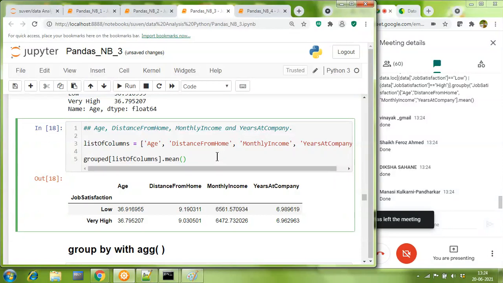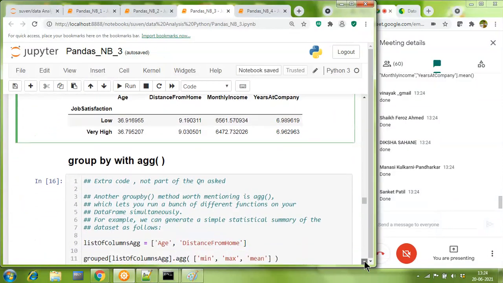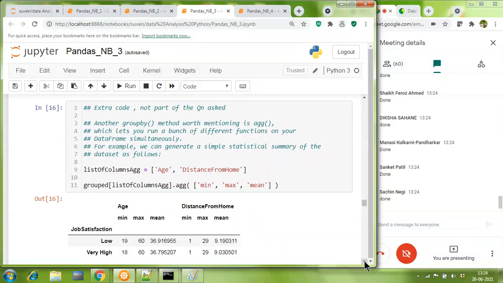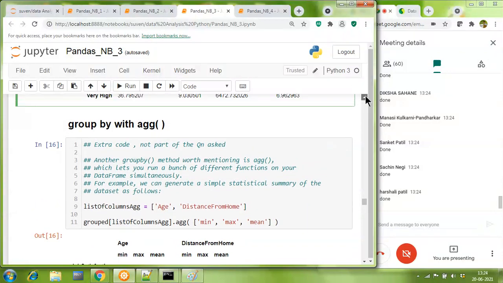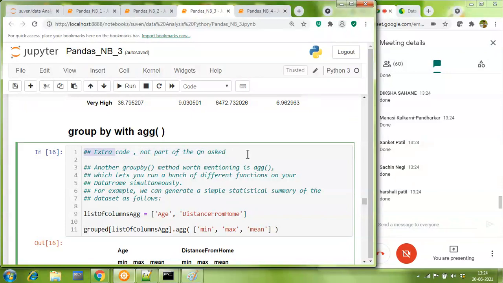Very well. Right, friends. So that's going fantastic. Now I've given an extra homework, but I wish to first check with all of you, is this homework given? This is an extra part I have already mentioned here. It's an extra code, not a part of the question asked. So this is the homework which I have given.